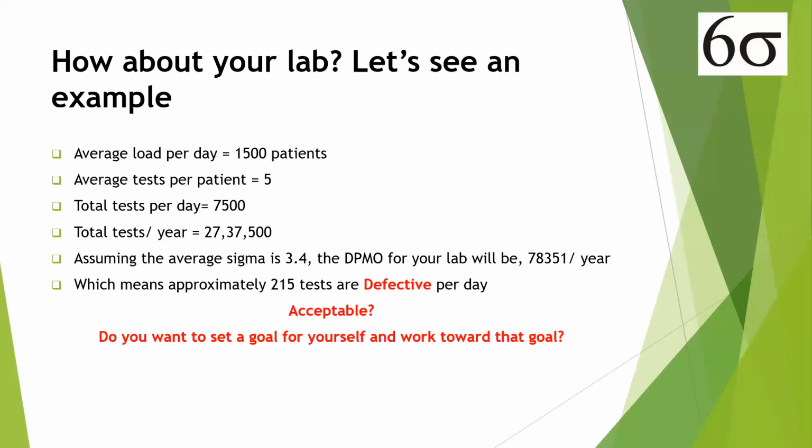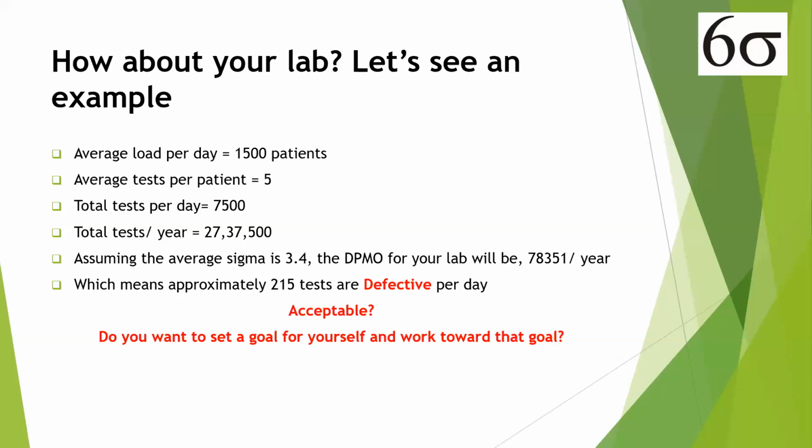Now, having seen this, I would like to have a little introspection on what you can do in your lab. If the load per day in your lab is about 1,500 patients, and average tests per patient is 5, that's 7,500 tests per day you're running. That is about 27,37,500 tests per year.